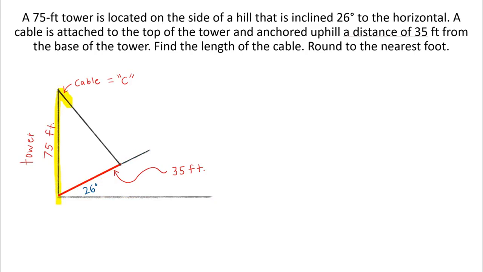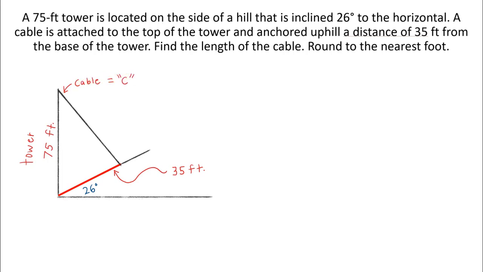And here we have the cable coming from the top of that tower being connected uphill 35 feet from the base of the tower. And we need to use this information to find the length of the cable, which we're going to let be the variable c.